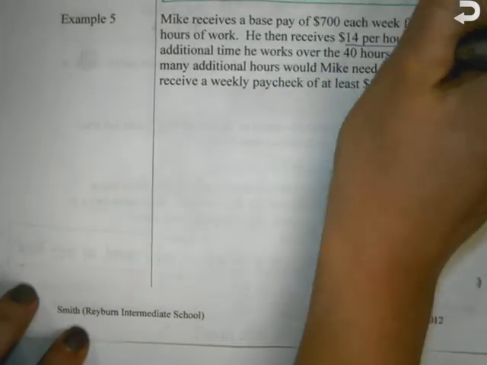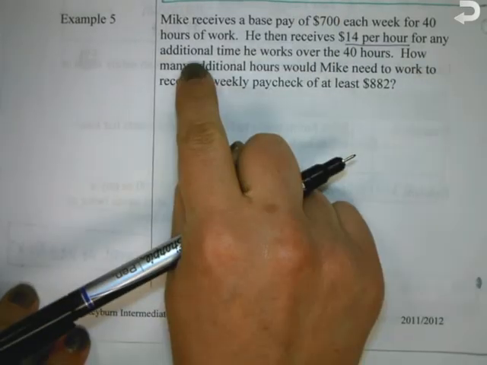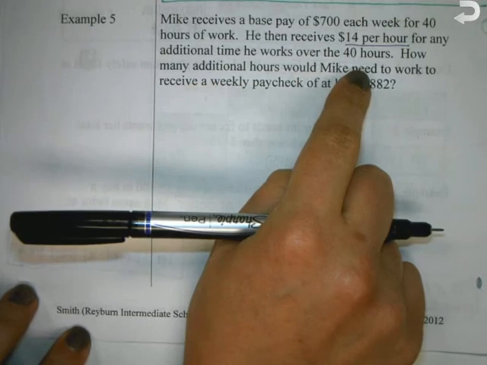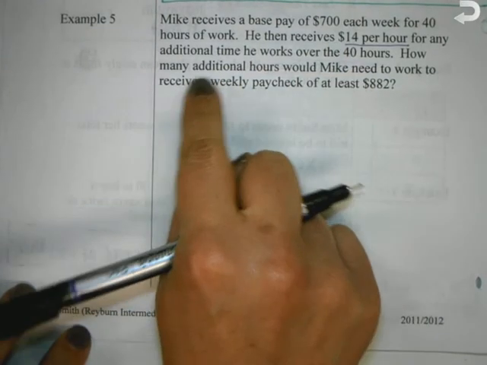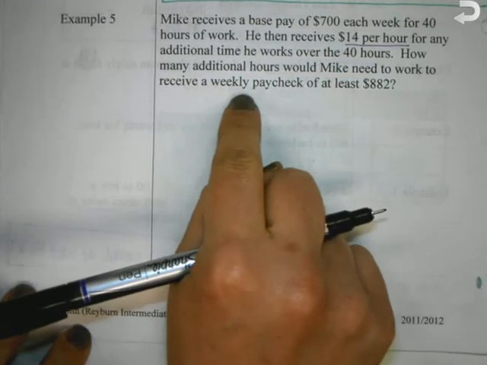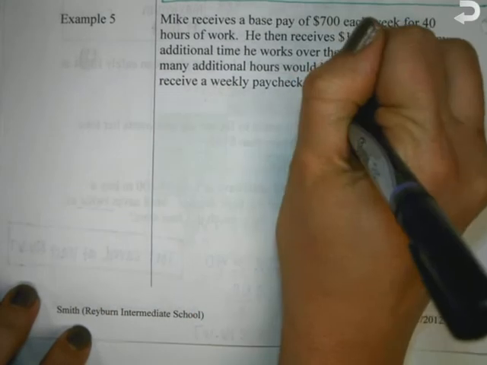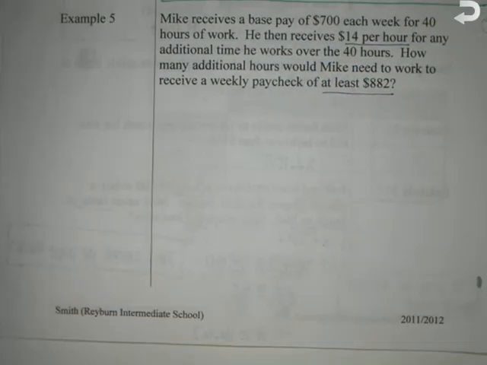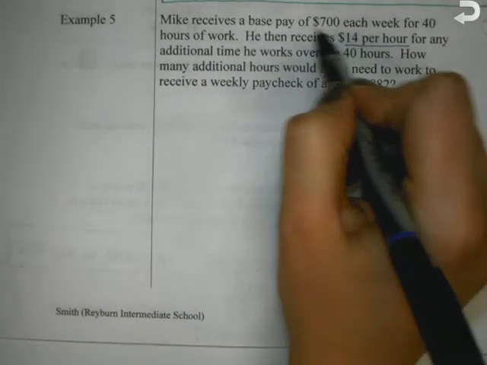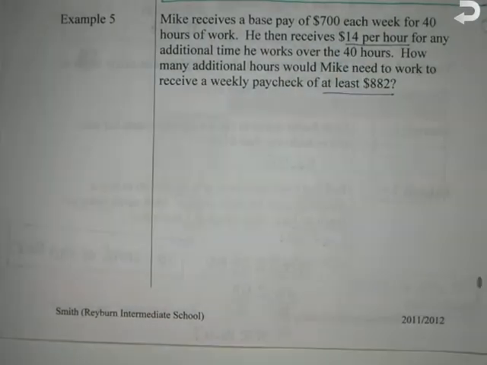How many additional hours would Mike need to work to receive a weekly paycheck of at least $882? Question for you. Does the $700 change at all? No, it doesn't really. Even though he's working 40 hours, it's going to be $700 regardless, right? So that's going to be $700.